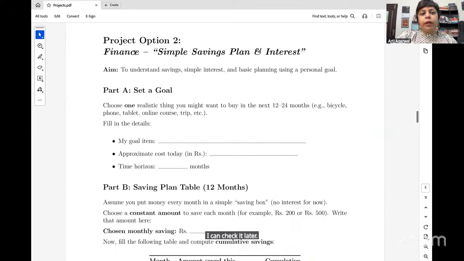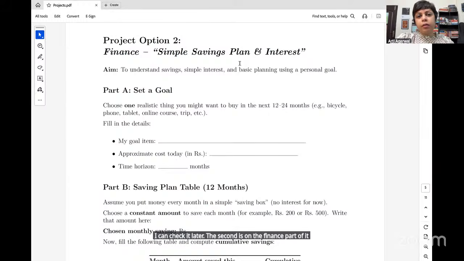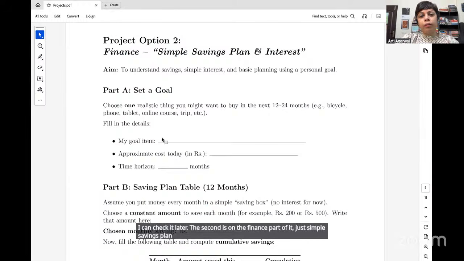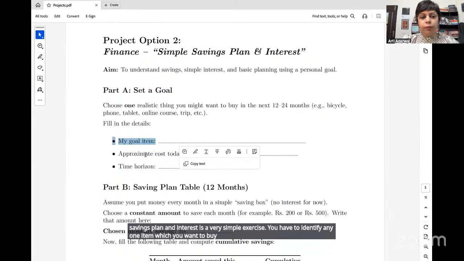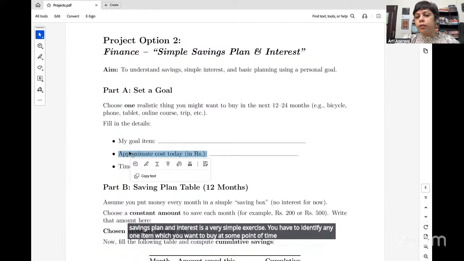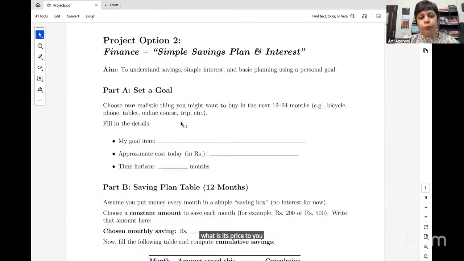The second is on the finance part of it, which is a simple savings plan and interest, a very simple exercise. You have to identify any one item which you want to buy at some point of time. What is its price or cost to you? And in how much time do you want to buy it? 6 months, 12 months, 2 years, whatever it is.